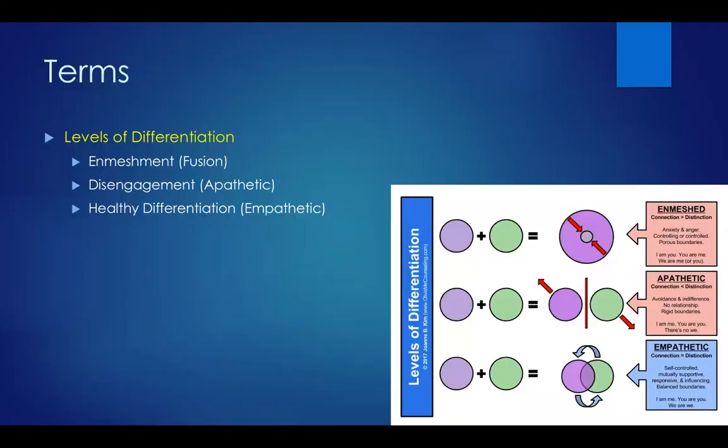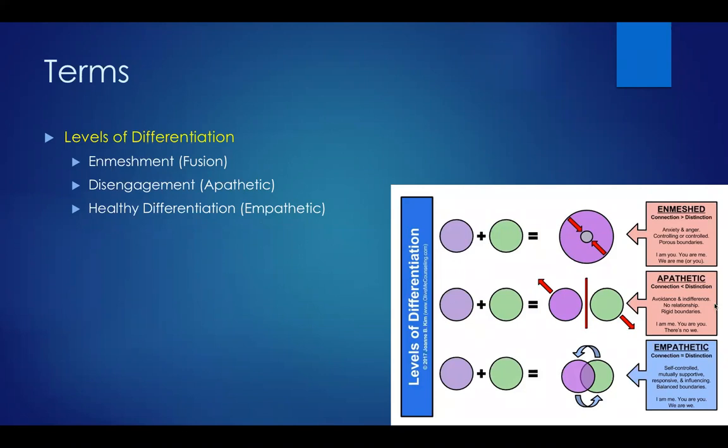So, with the levels of differentiation in structural approaches, again, there can be enmeshment or fusion where people want to be connected and they don't like being away from the other person. There are very porous boundaries. I am you, you are me, we are me. They're very enmeshed. And sometimes this can cause anxiety, controlling behaviors, and so on. There's a disengagement where people feel apathetic.